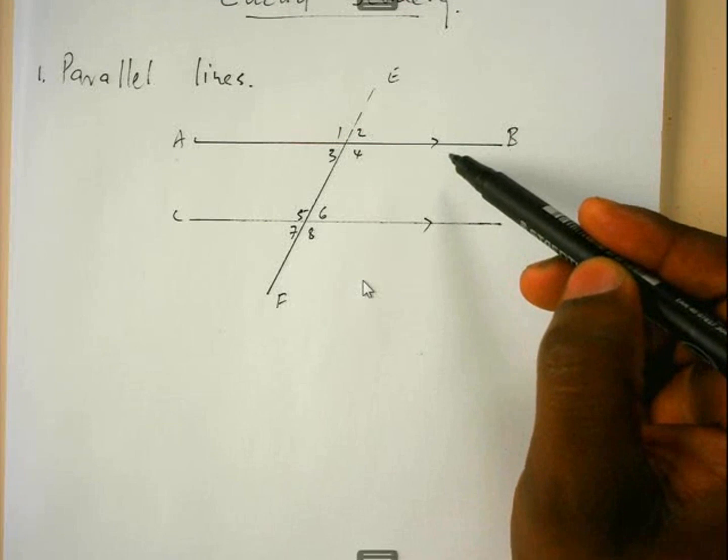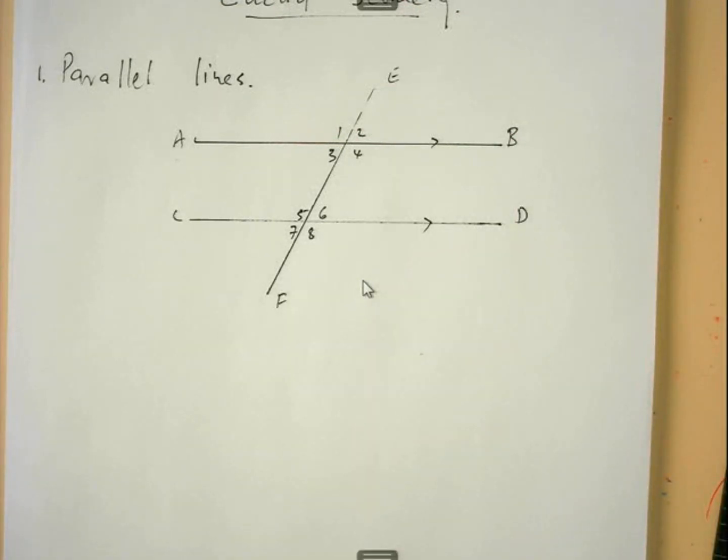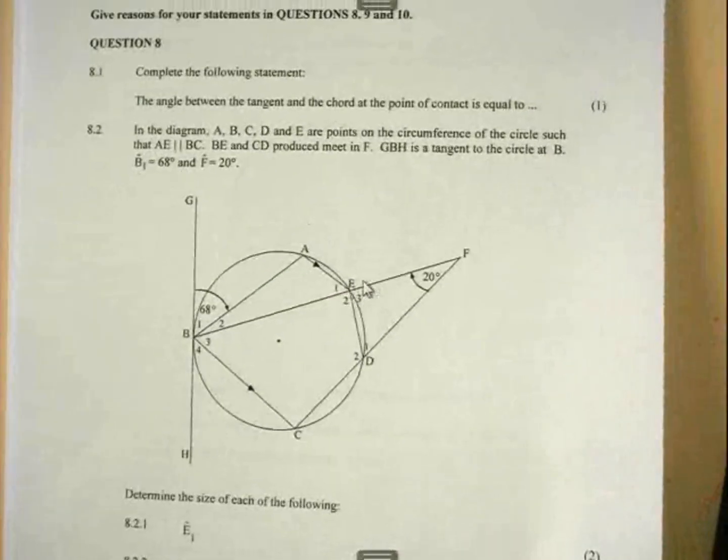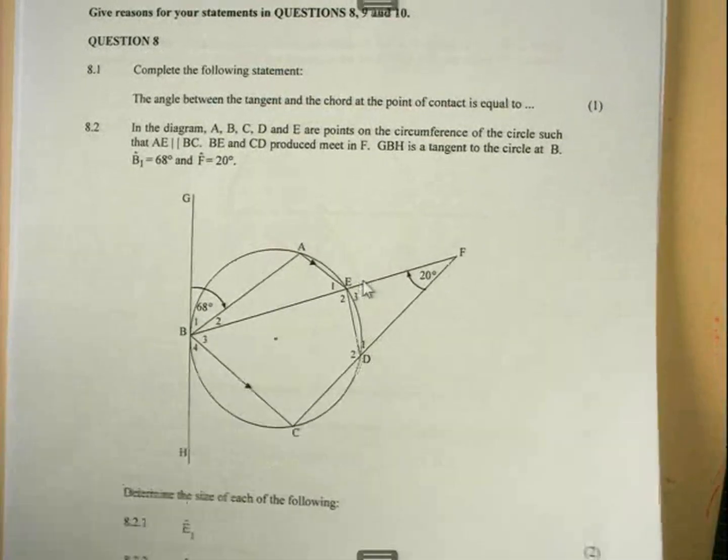Anytime in any diagram we see parallel lines, like we just saw with this diagram here, there are things that must come to your mind. And what are those things?